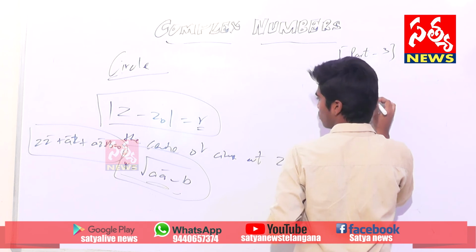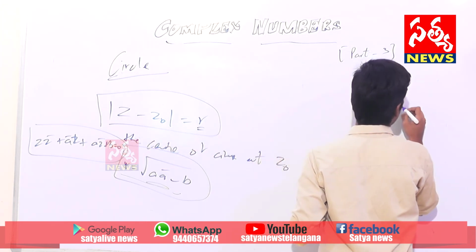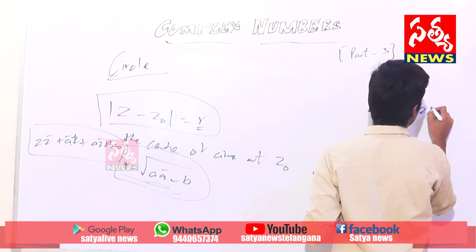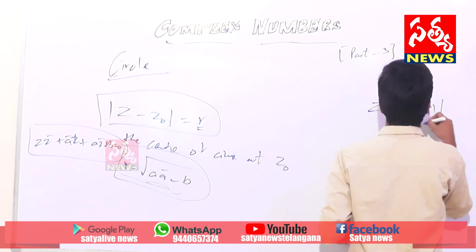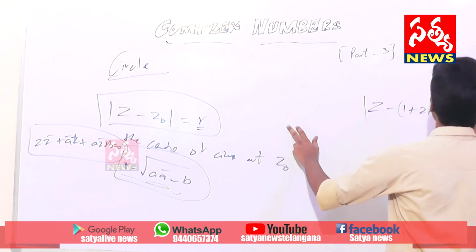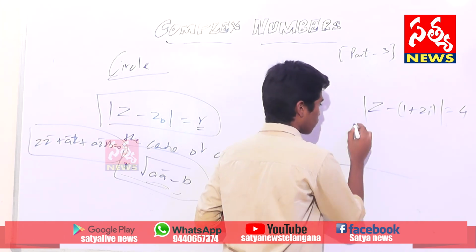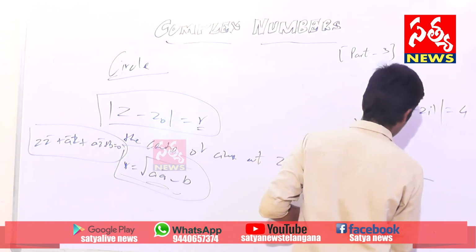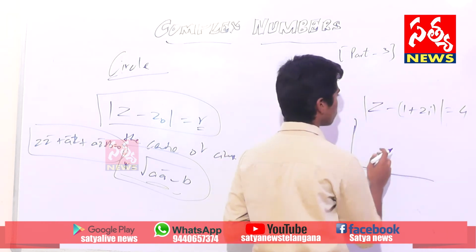I will show an example. For example, mod of (z plus 1 plus 2i) is equal to 4. I am representing the circle in a graph.